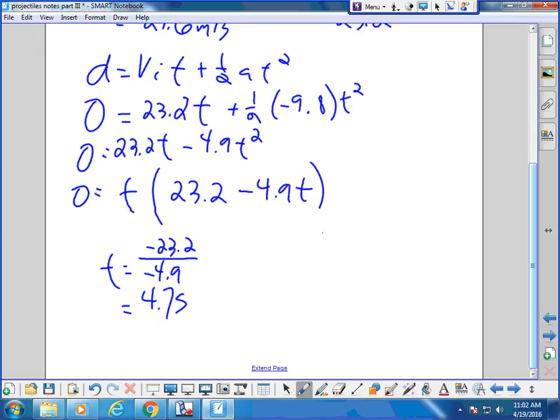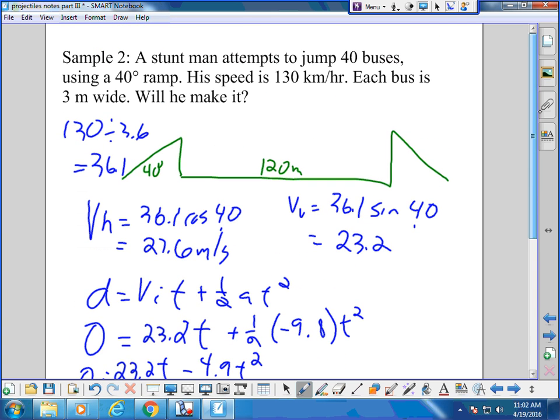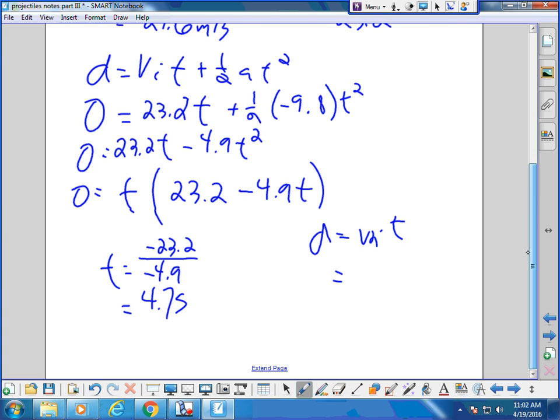We're going to use D equals V times T, VH times T, to find the range. Because it's a constant horizontal, which was 27.6, times our time of 4.7, and that is around 100.